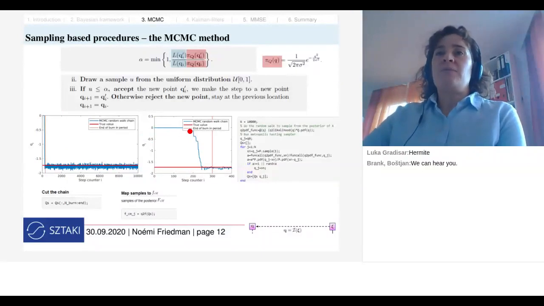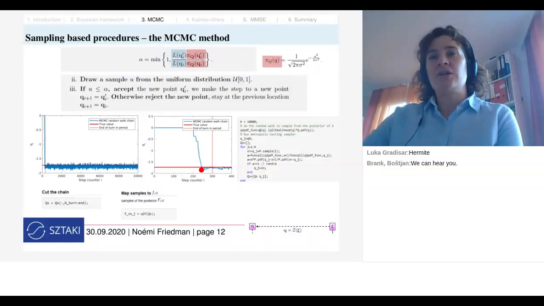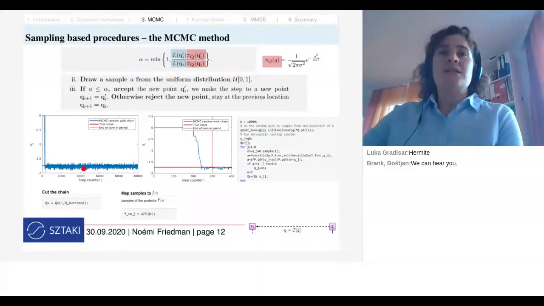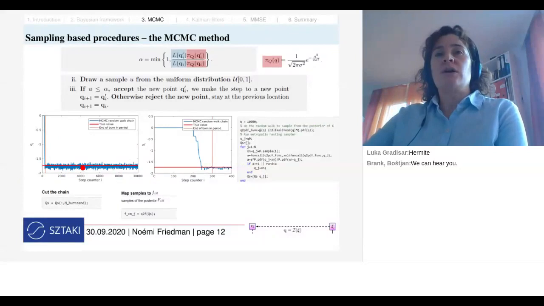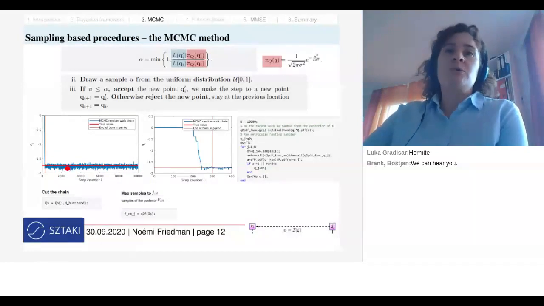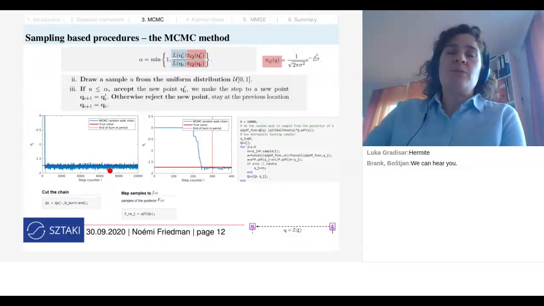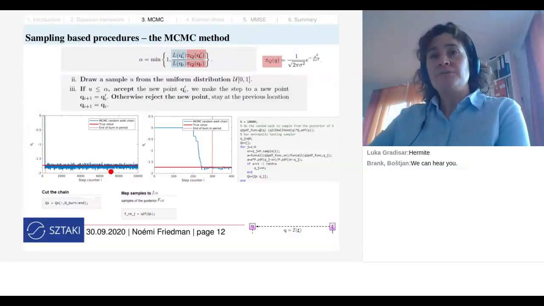But after a while, I made a big enough step, okay, to get started in the right direction. And then after a while, it looks like a white noise. And whenever it looks like a white noise, this is perfect. It means that it really converged to some kind of distribution, and it stops here oscillating around this value. Now this red value is the true value, and the blue is the different sample points with the random walk.